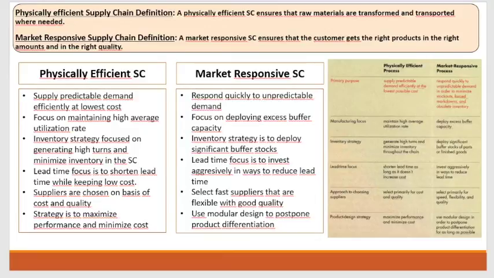In the sense that a physically efficient supply chain is the part of the supply chain where you ensure that raw materials are transformed and transported where needed at the lowest cost, with low inventory and high utilization rate, and with low cost suppliers, etc. Now, a market responsive supply chain is the part of the supply chain where you ensure that customers get the right products in the right amounts and in the right quality.